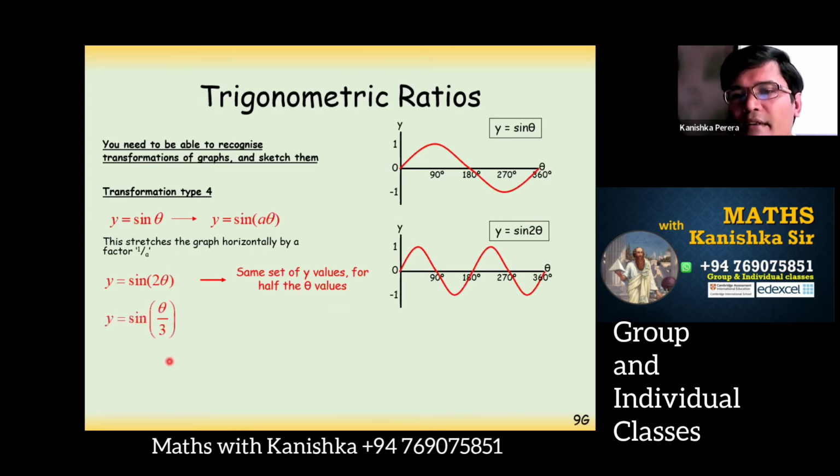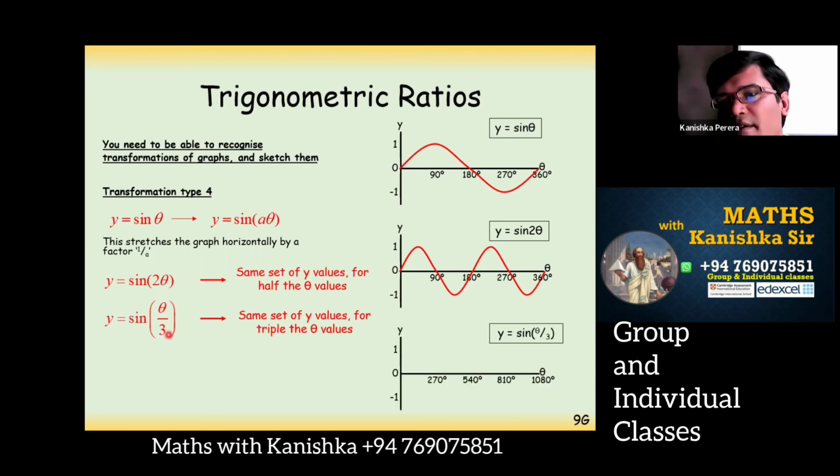This time you can understand divide by 3, in a sense like it will triple the value, because if you have this particular one by 3, it means a multiply. You can see that it's stretching over there, and theta, 3 times it will increase a particular one that you can see.